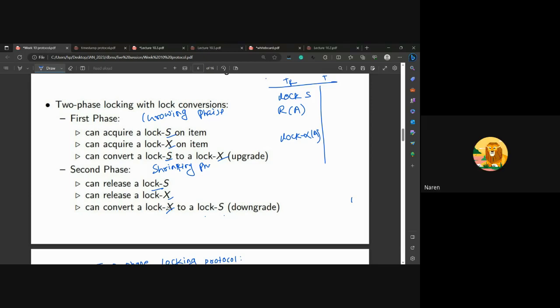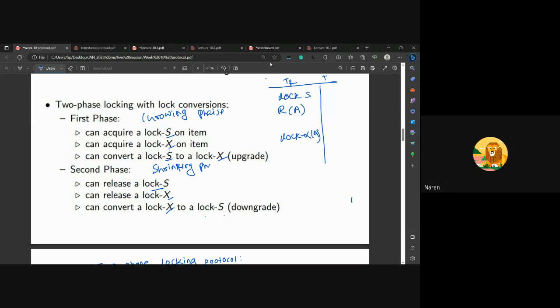One doubt, sir. In this first phase, these three types of locks can be acquired or converted? Yes, these are individual items. You can acquire only an S lock and start working, or you can acquire an X lock and start working, or if a shared lock is already there, you can convert it into an exclusive lock.